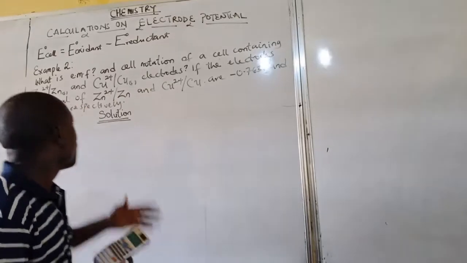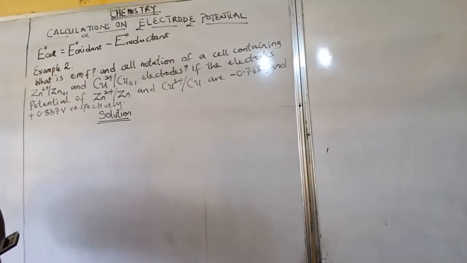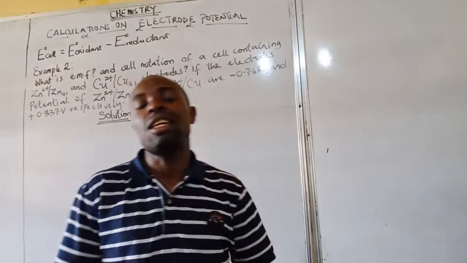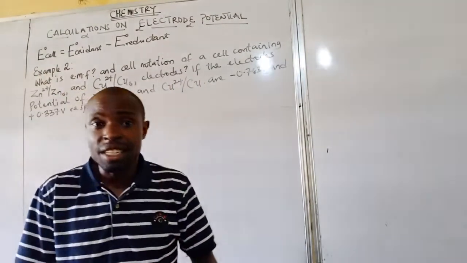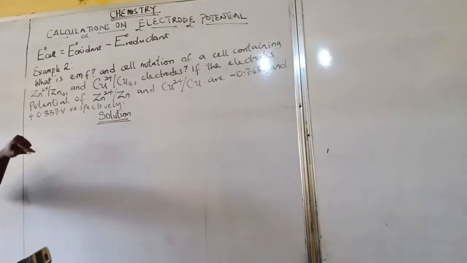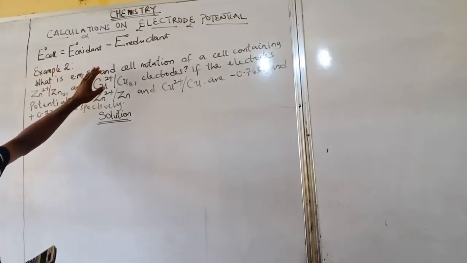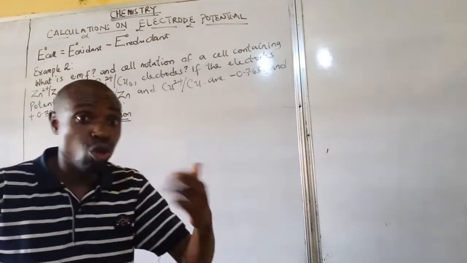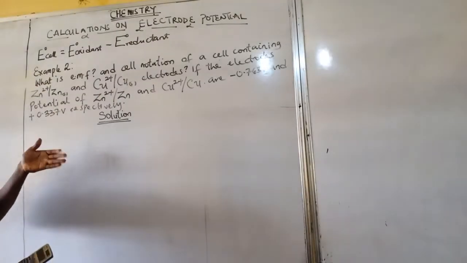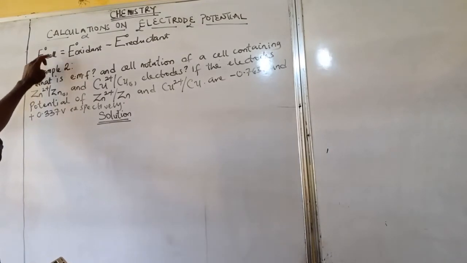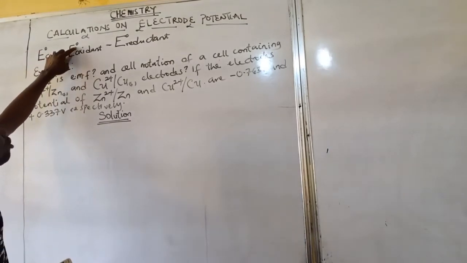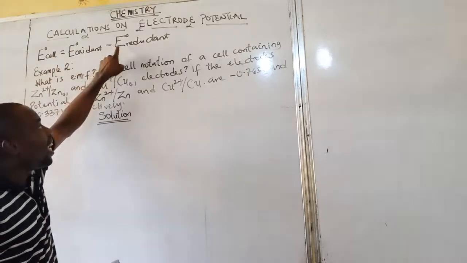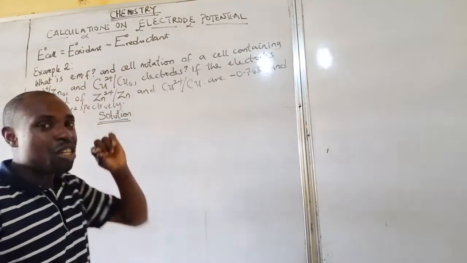Now we solve example 2. But before we solve example 2, there are some basic things that you should understand. That is basically the formula for EMF, which the electrode potentials can make us able to solve. The EMF of a cell, or the electrode potential of a cell, is equal to the standard electrode potential of the oxidant minus the standard electrode potential of the reductant.